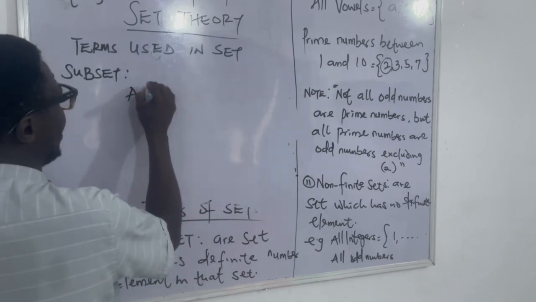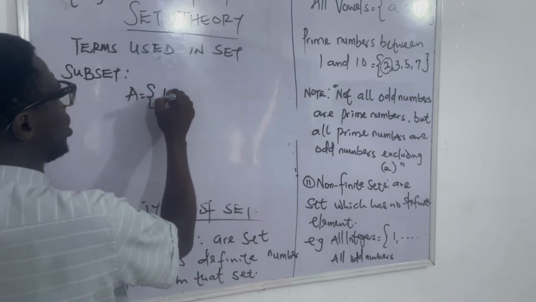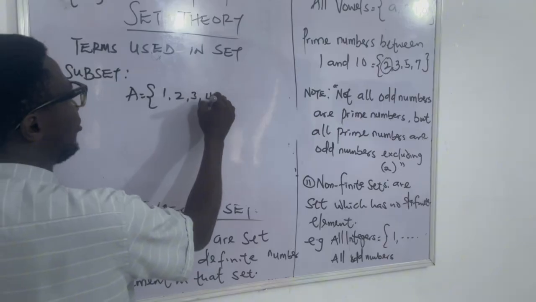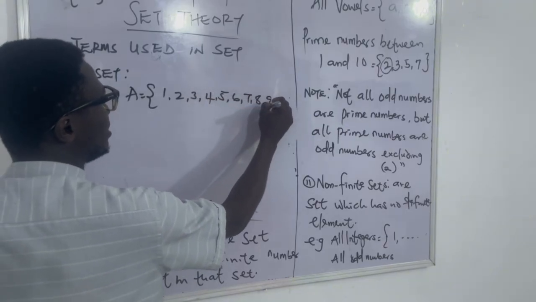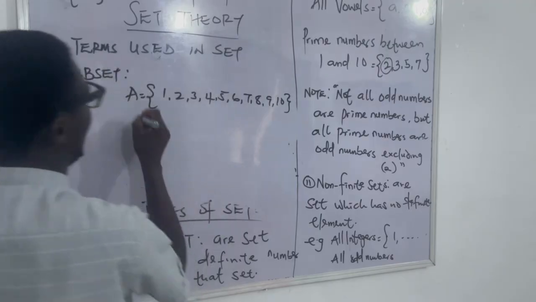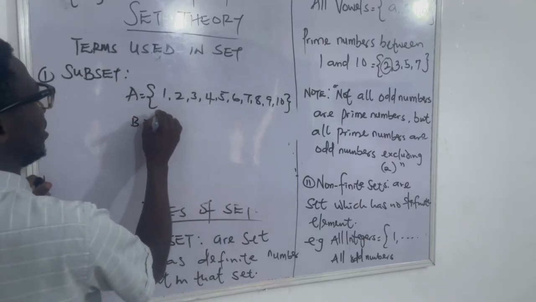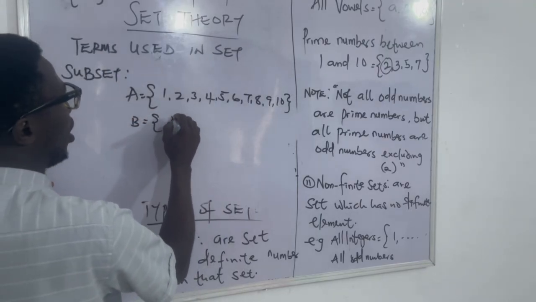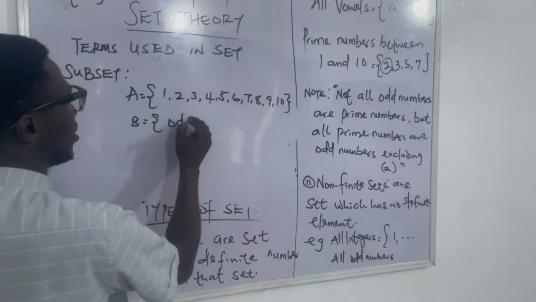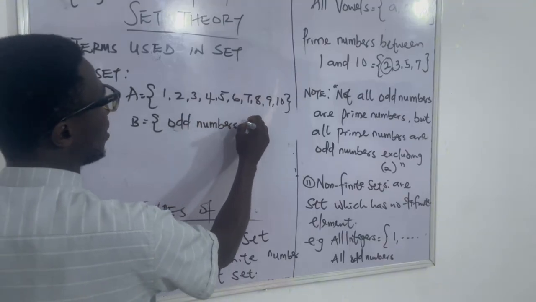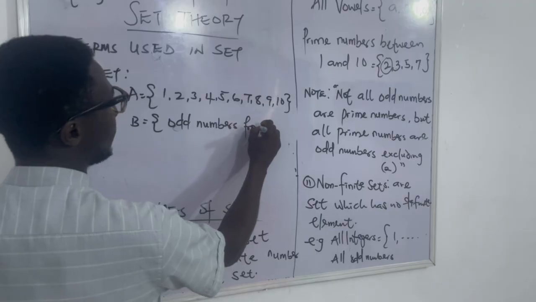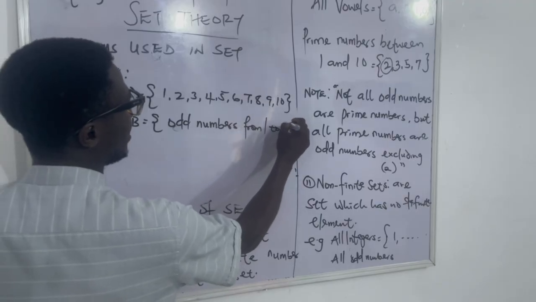Let's say set A contains counting numbers 1, 2, 3, 4, 5, 6, 7, 8, 9, 10, and set B contains odd numbers from 1 to 10.